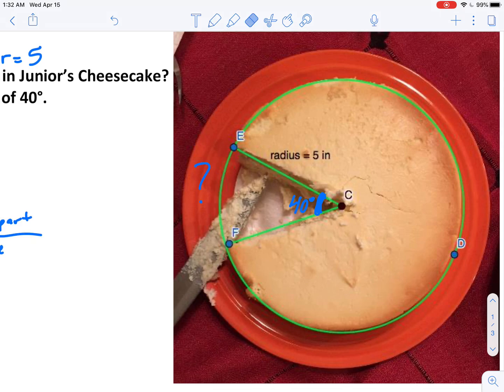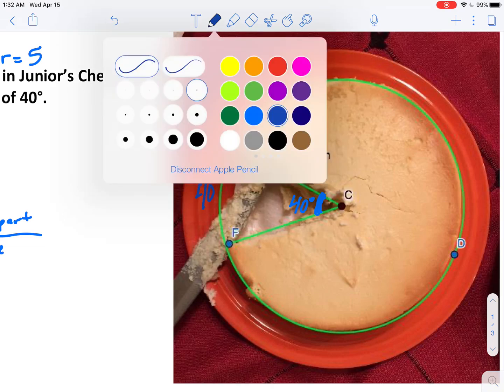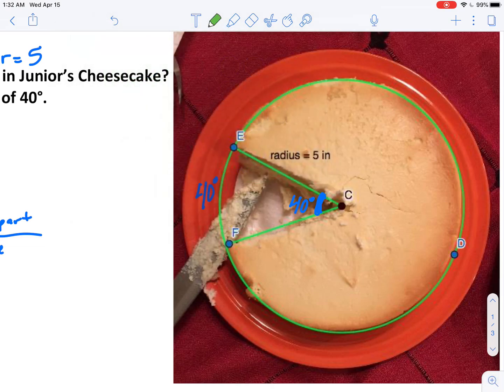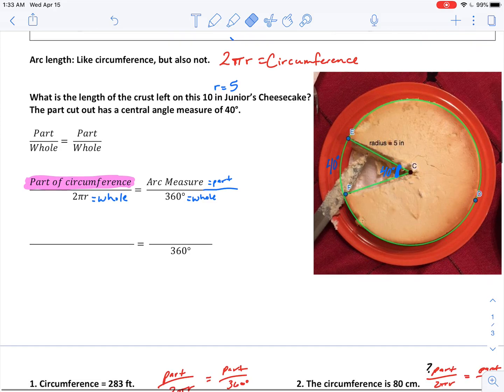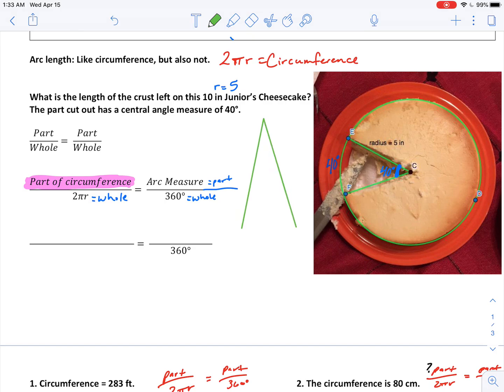If the measure right here in the middle, this arc measure, that central angle measure is 40 degrees. I know this is 40 degrees. I'm asking you, what is this arc length?